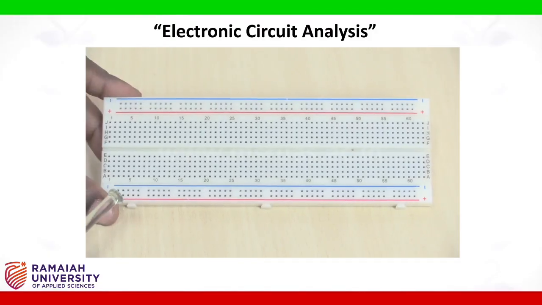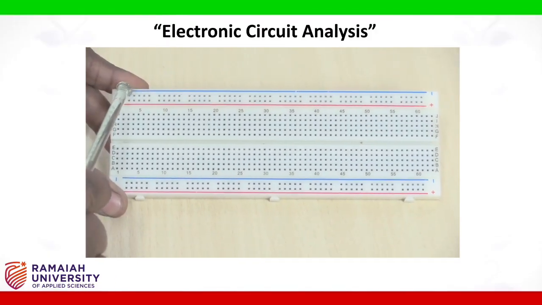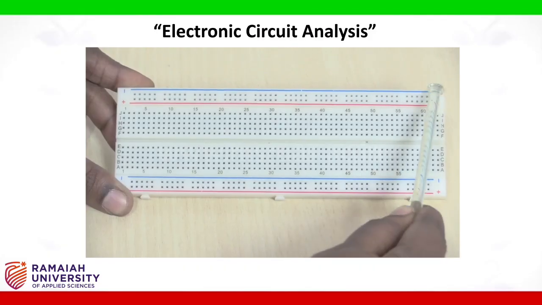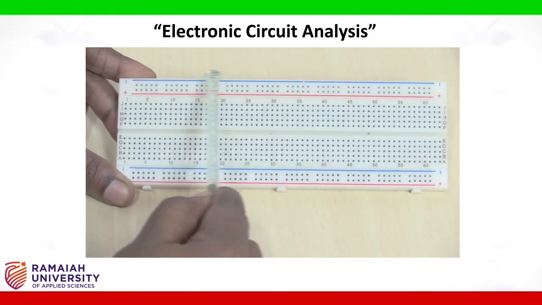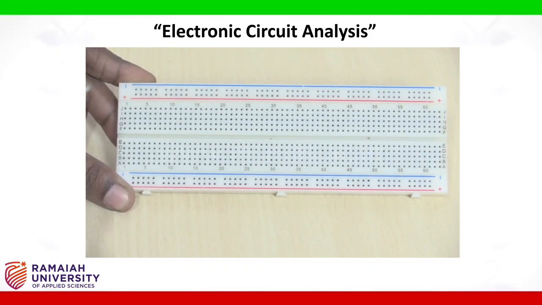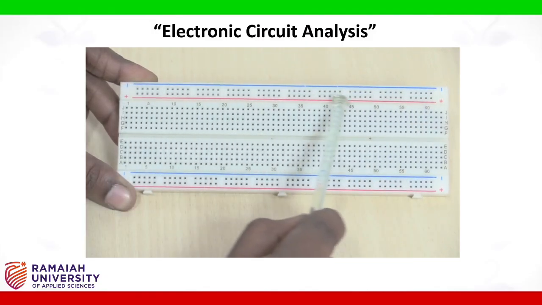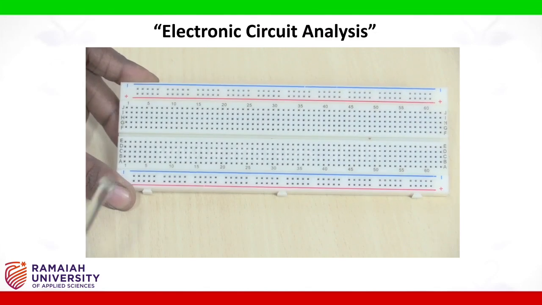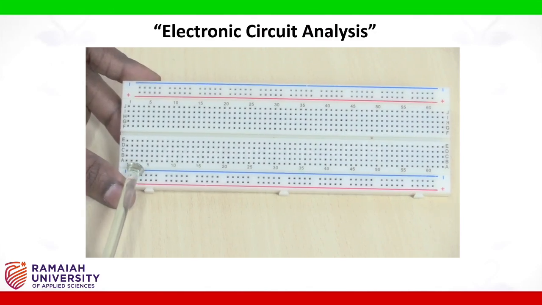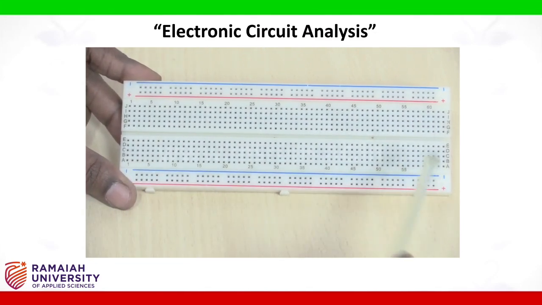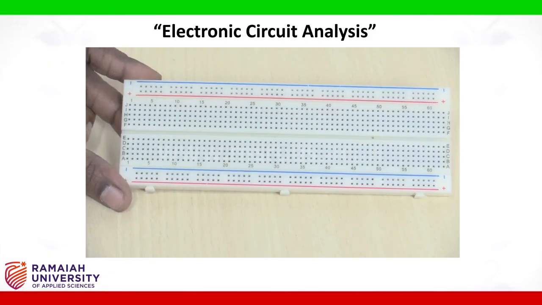Breadboard. In a breadboard, starting from this hole till here, all these are connected in series. Starting from here to here, one more line has all series connection. Similarly, these two lines represent one each.